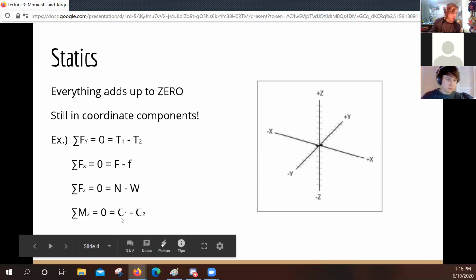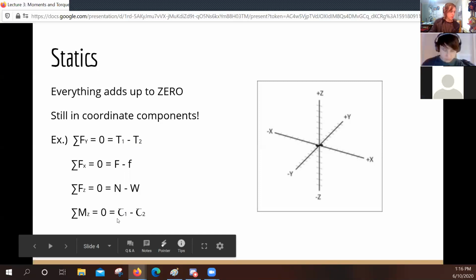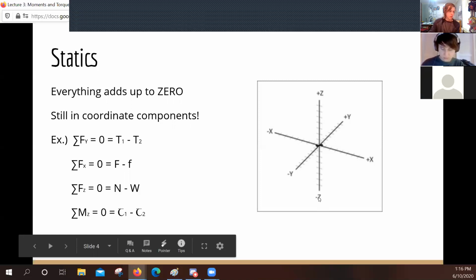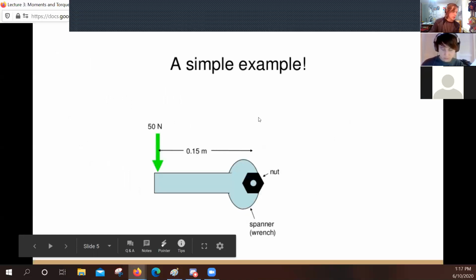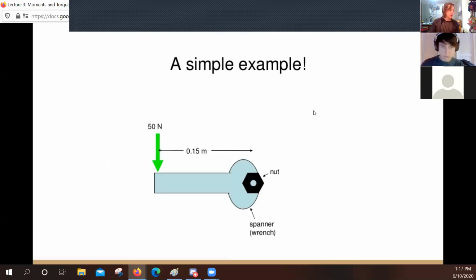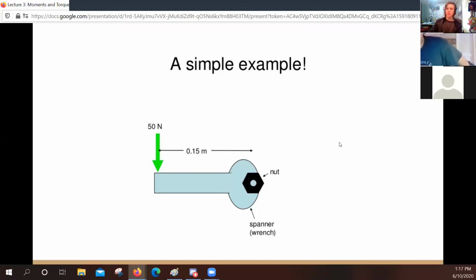We always use notation like T1 is tension 1, T2 is tension 2, tau 1 and tau 2 are torque 1 and 2. So here's a simple example, and we're going to do this real quick because I think the best way to learn this is just doing it.